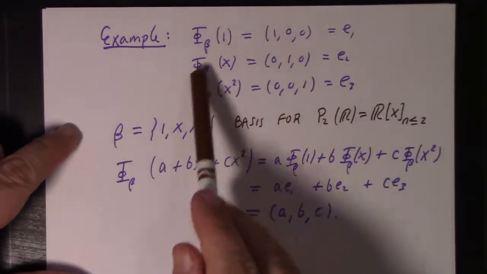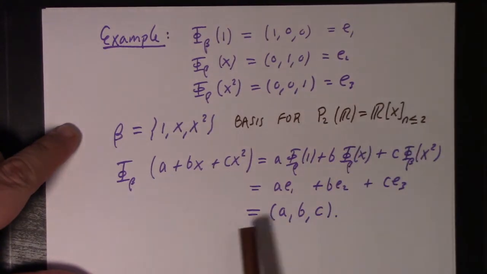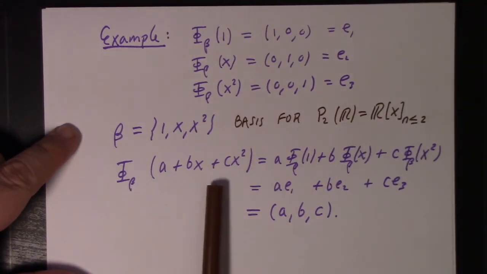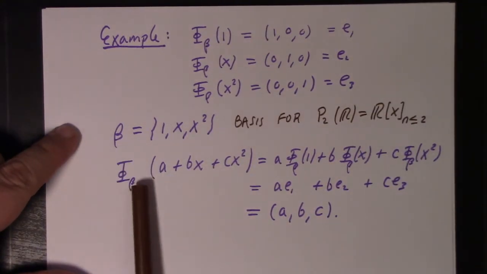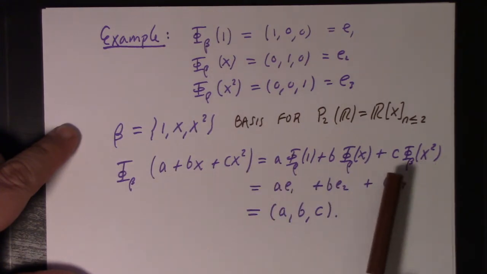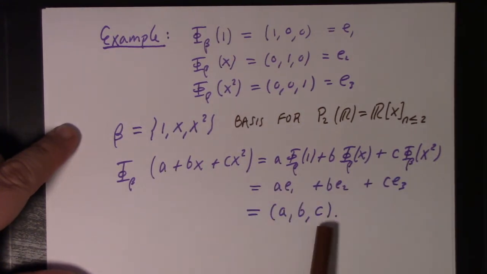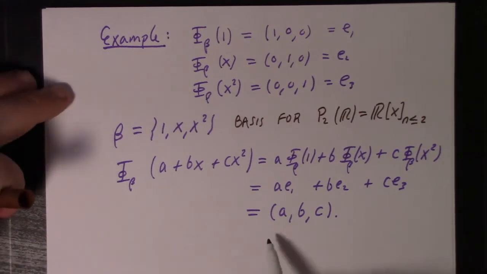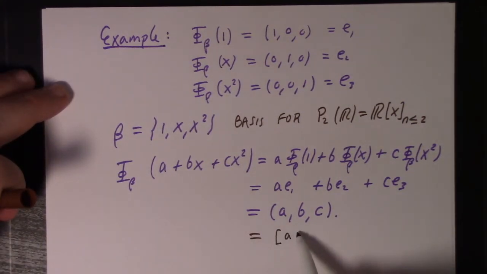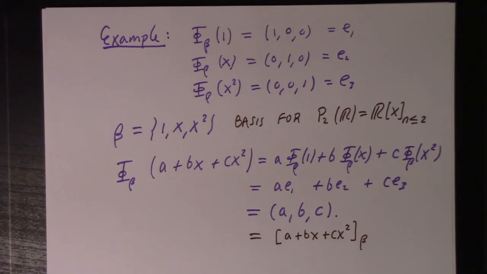We've specified phi beta on the basis. That uniquely fixes the action of phi beta as a linear map. According to this calculation right here, we get a, b, c. Of course, you recognize that this is the coordinate map of a plus bx plus cx squared with respect to beta.